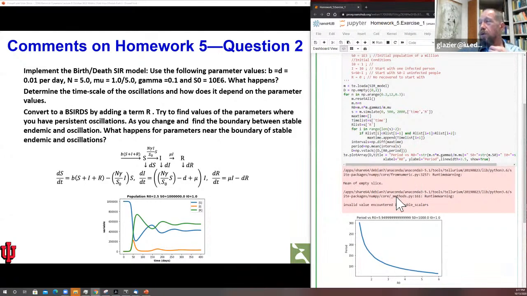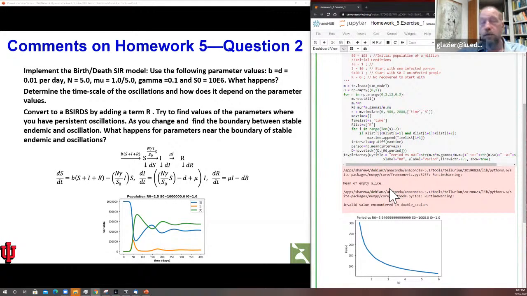This error that's throwing here is because if R naught is less than 1, there are no bumps. And so then this list is empty, and it's trying to do a calculation on an empty list. So if I set my initial range to start a little bit bigger than 0.2, I should clear up that error.